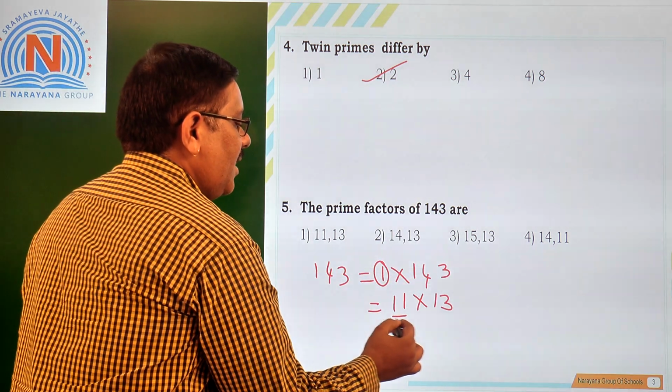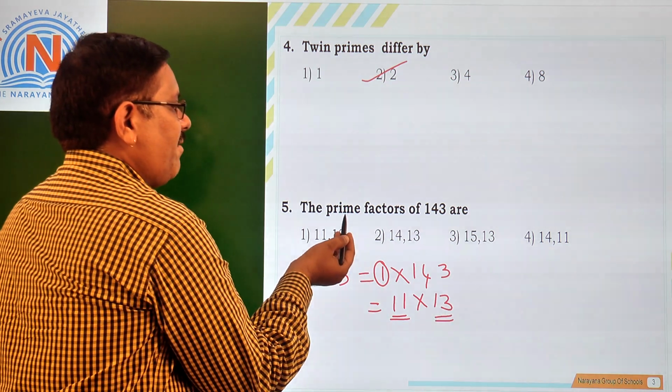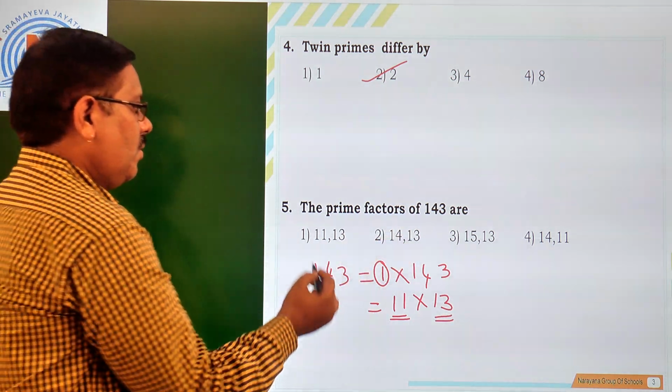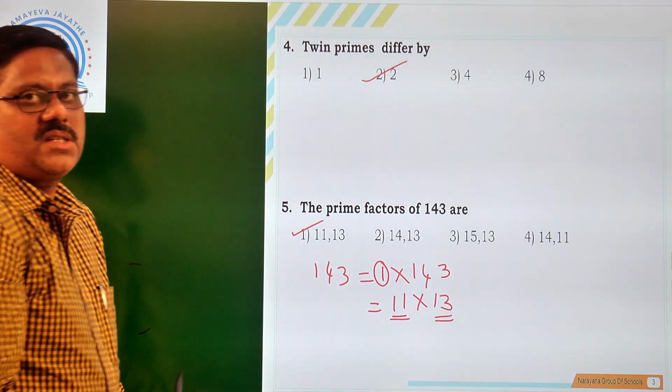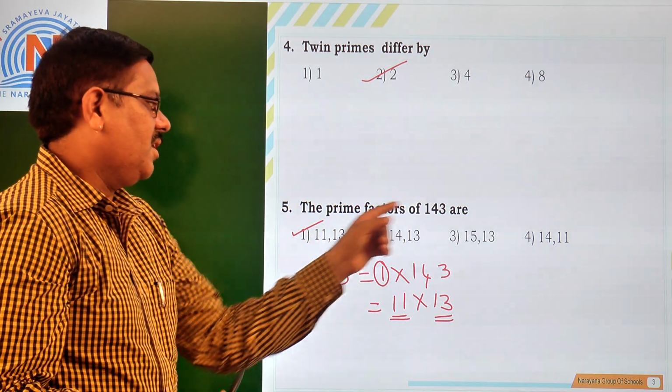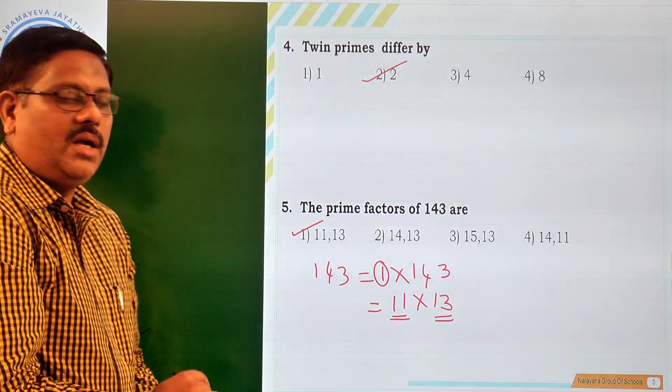So only 11 and 13 qualify to be prime factors of 143. So 11 and 13, that is the first option. The prime factors of 143 are 11 and 13 only.